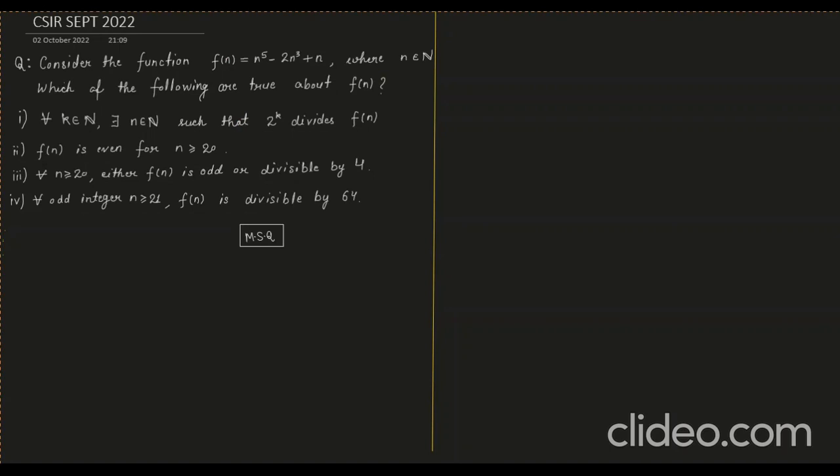Now for the third option, I will not explain it, do it by yourself. I will just give a hint, because some work you should do by yourself also. So I am giving a counter example. If you pick n equals 22, then 22 is even but not divisible by 4.